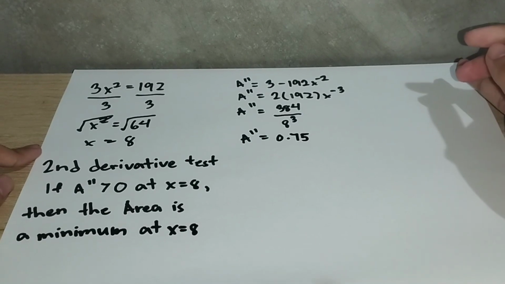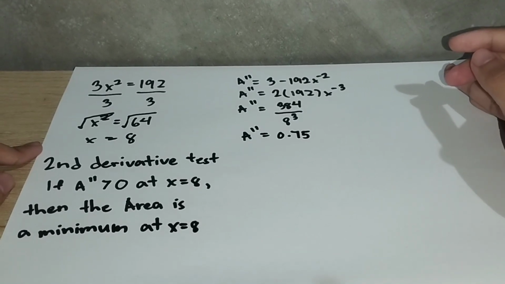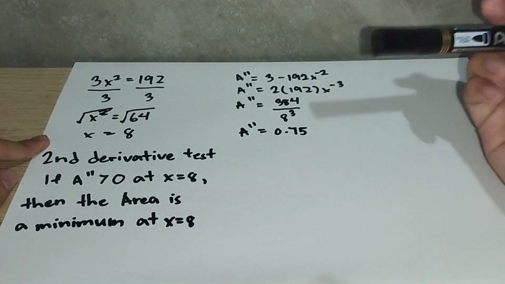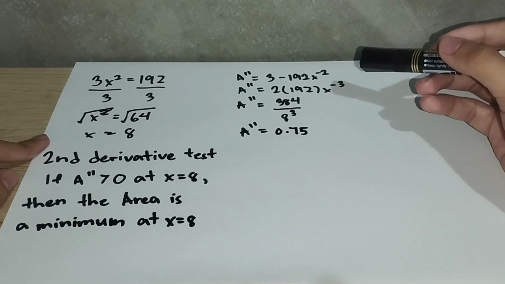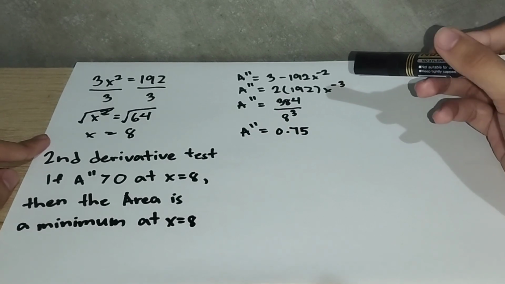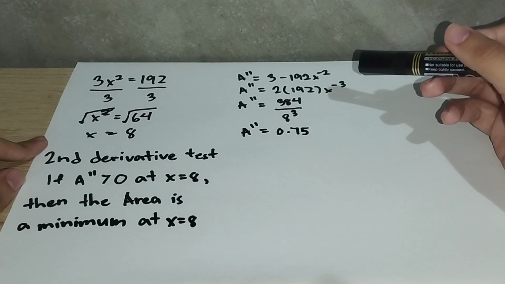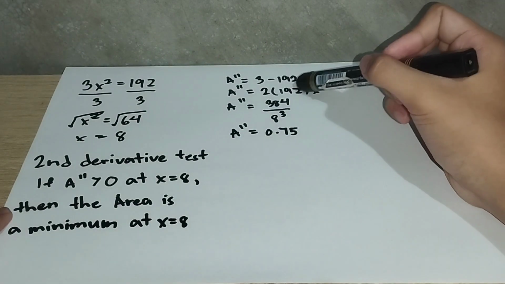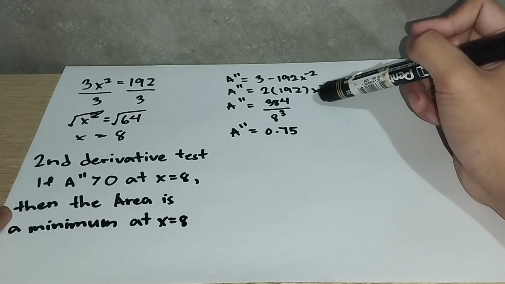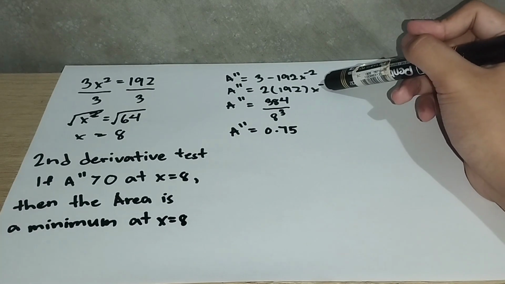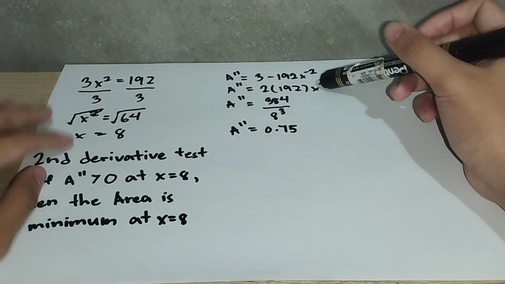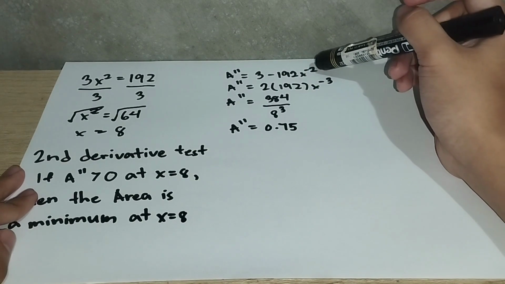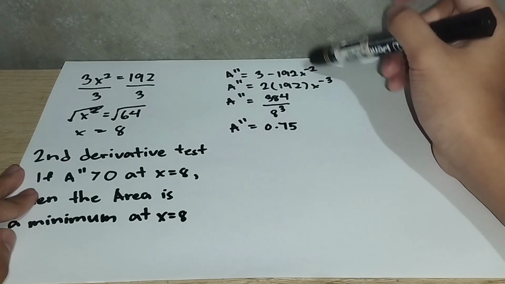To test if the area is a minimum at x equals 8, we will use the second derivative test. If A double prime is greater than 0 at x equals 8, then the area is a minimum at x equals 8. A double prime is equal to 3 minus 192x raised to the negative 2. The derivative of 3 is 0 since it's constant. So let's just move negative 2 here.